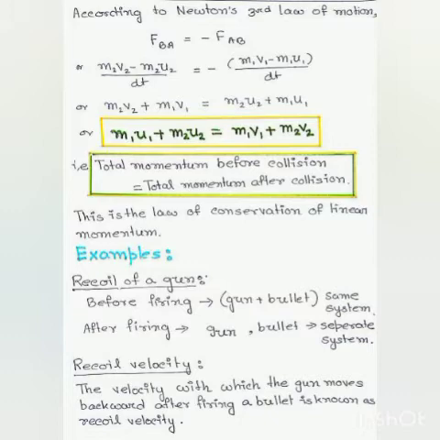Now, this is possible only if the gun moves backward with momentum equal to the momentum of the bullet, and that is why the gun recoils or moves backward. So, what is the recoil velocity of the gun? The velocity with which the gun moves backward after firing a bullet is known as recoil velocity.